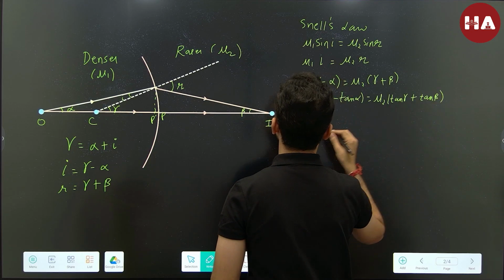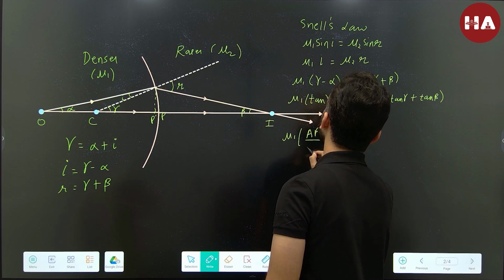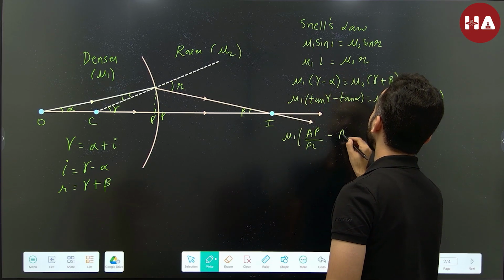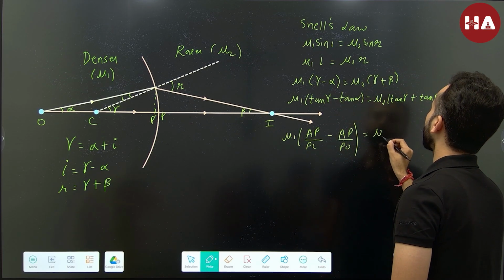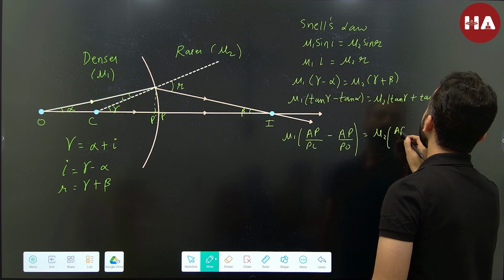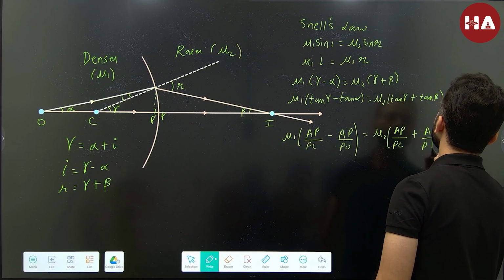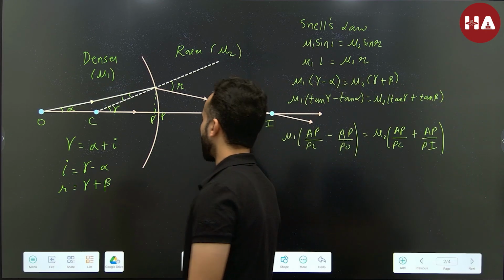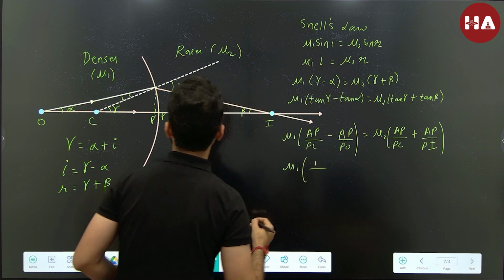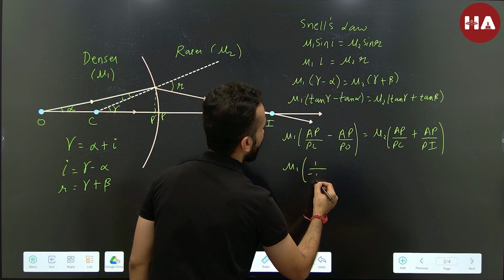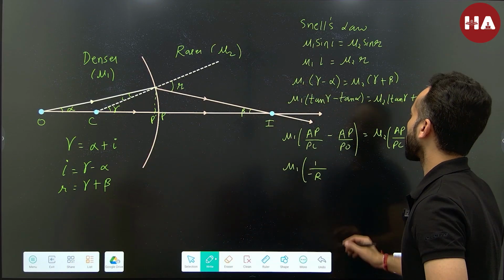In the very next step, I will write tan gamma as AP upon PC, then AP upon PO, similarly AP upon PC and AP upon PI. So the factor of AP will again cancel out from both sides, and what are we getting? Instead of PC, I can write minus R because the center of curvature is on the left side now.